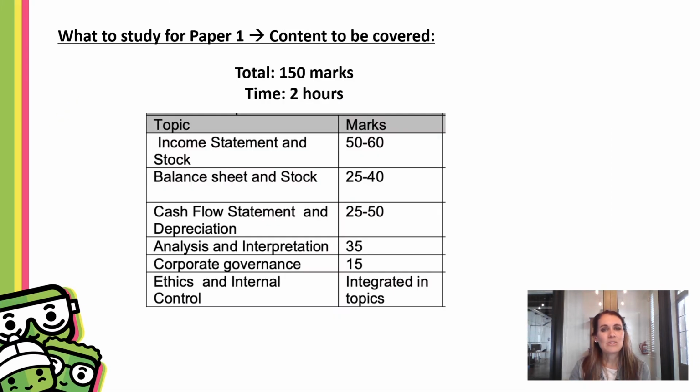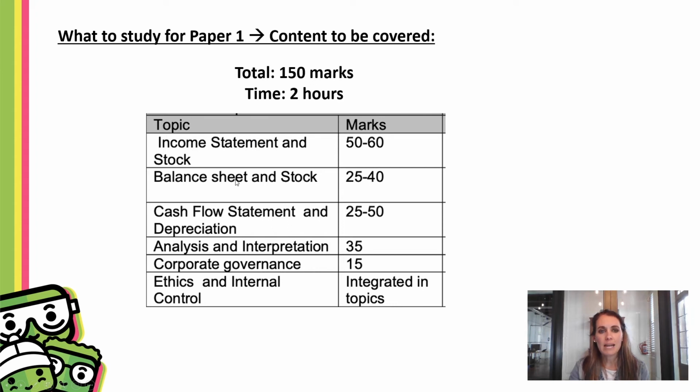When we're going to study for paper 1, it is very important to know what content will be covered. The paper consists of 150 marks and the time for that is 2 hours. You will see over here, we've got the income statement as well as stock questions.